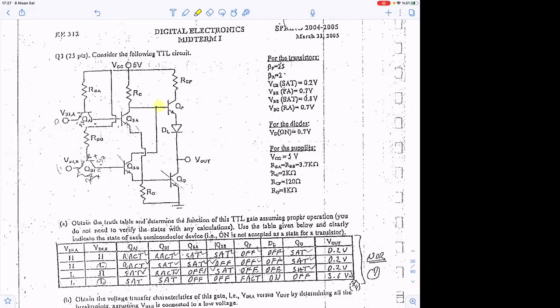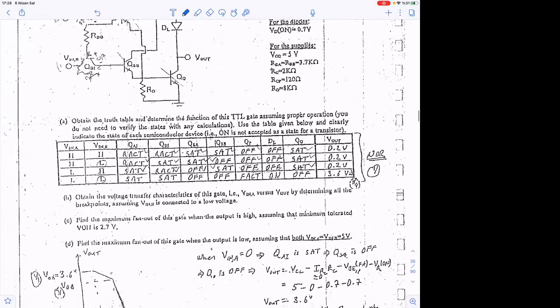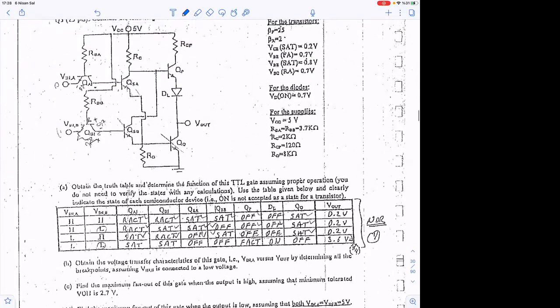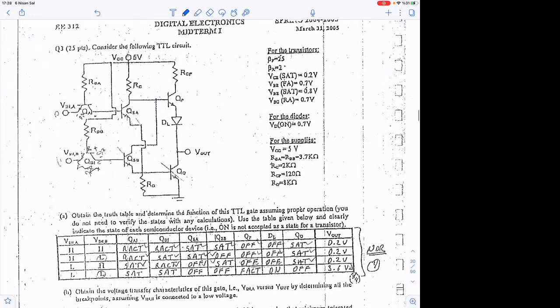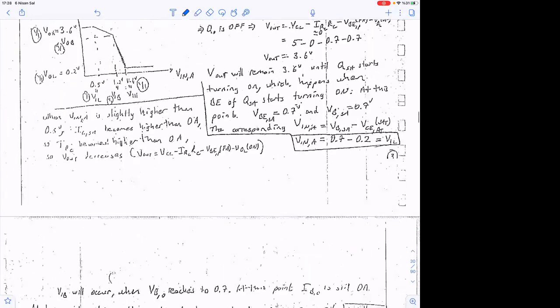Maybe in one exam, you put the diode here. If the diode is here, it should be the same function, nothing changes. So the point in the exam is to see if you memorized, or if you face some variation in the circuit, can you solve it? That's the purpose.